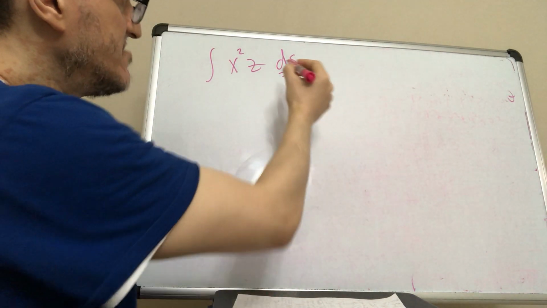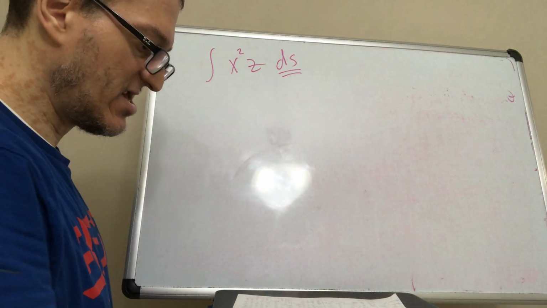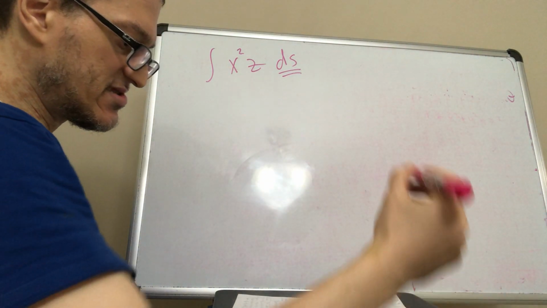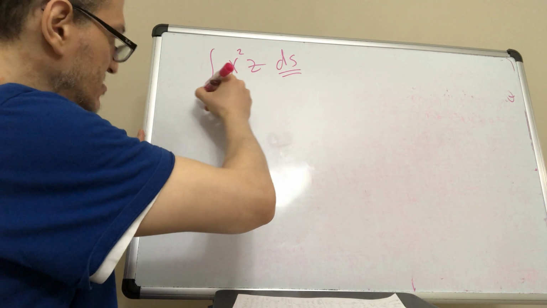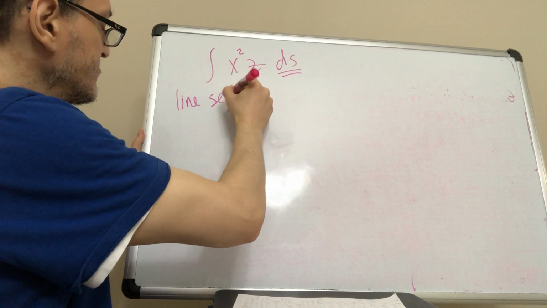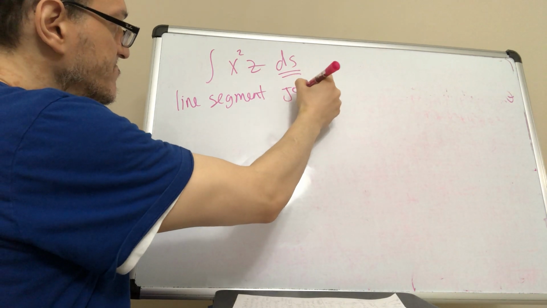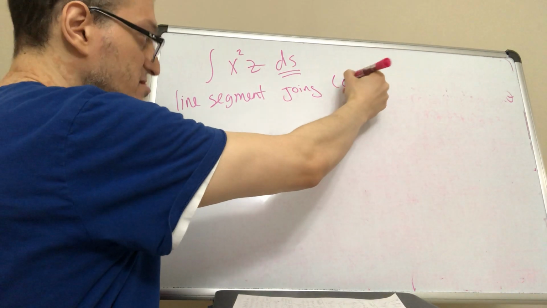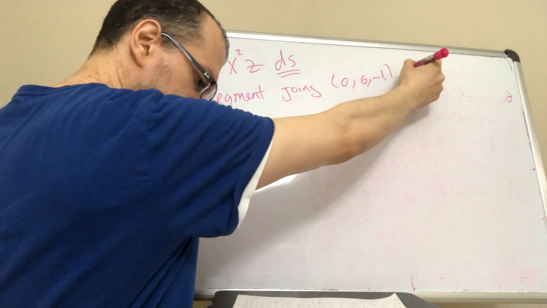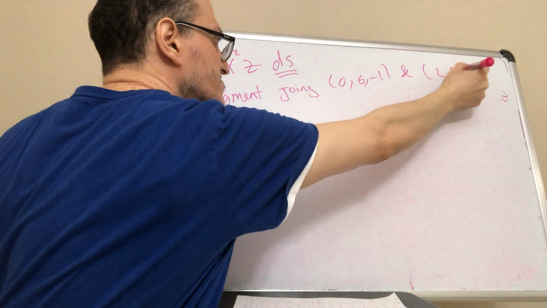So make sure you see a ds, and it's the line segment joining 0, 6, minus 1 and 2, 8, 0.